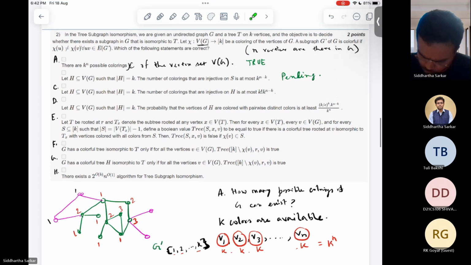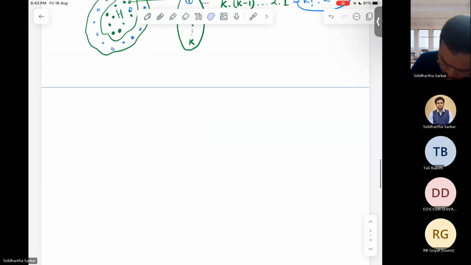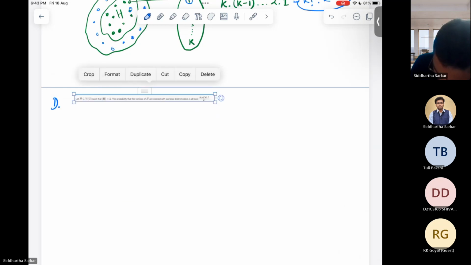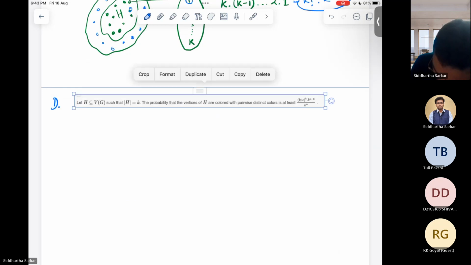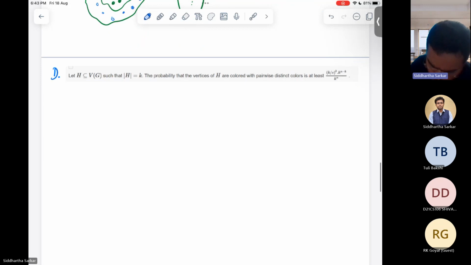So the question, let me just copy this, then we will analyze the probability. So this is question D. So it is saying that you have this graph and you have this subset of vertices.